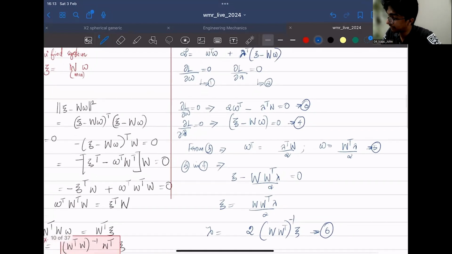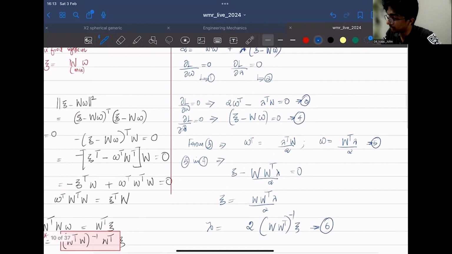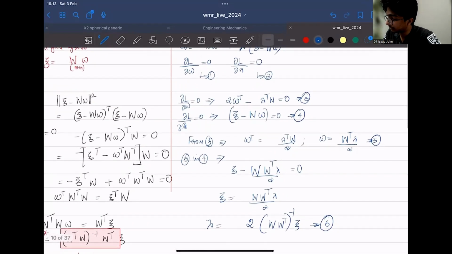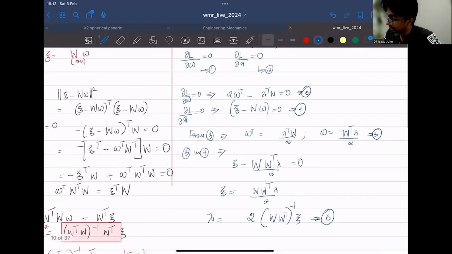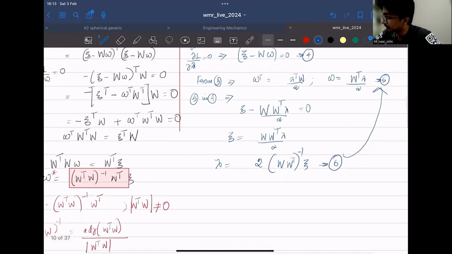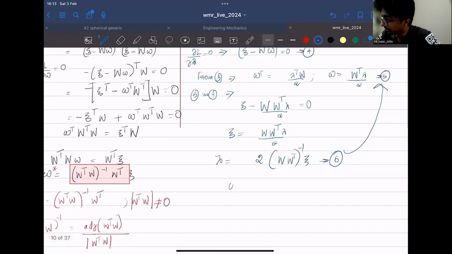So finally, if I substitute this equation 6 onto equation 5, how are we going to get it? So here omega would be, I'm rewriting equation 5. I hope you can see equation 5 here.